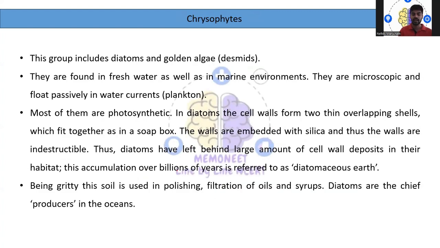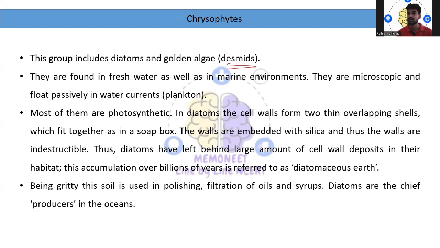Here you can see some of the subgroups of this kingdom. One is chrysophytes. These groups include the diatoms, which are the golden algae, also called desmids because they are somewhat golden in color.